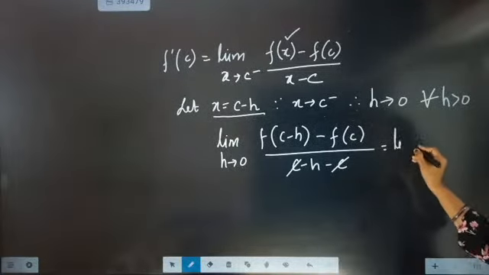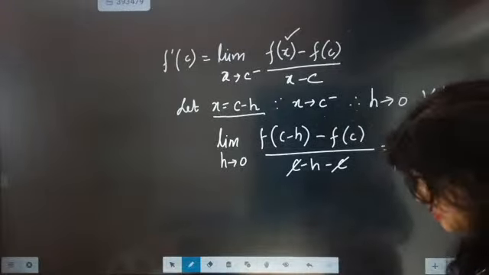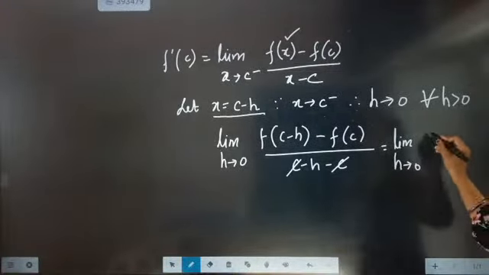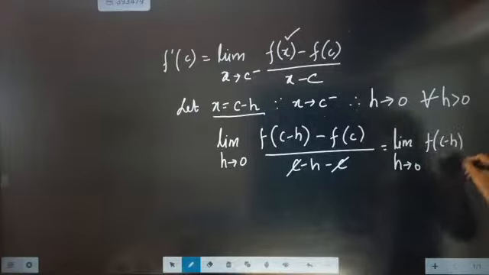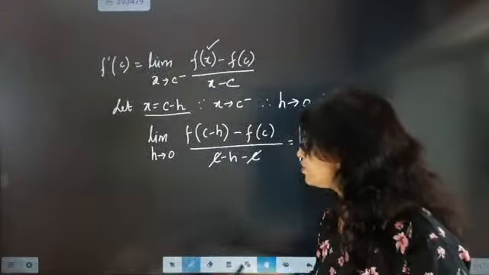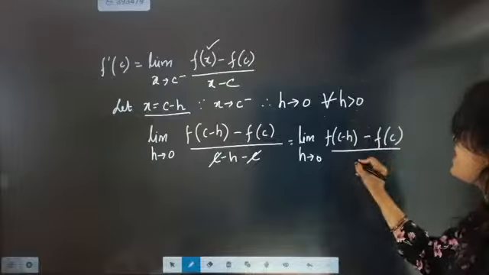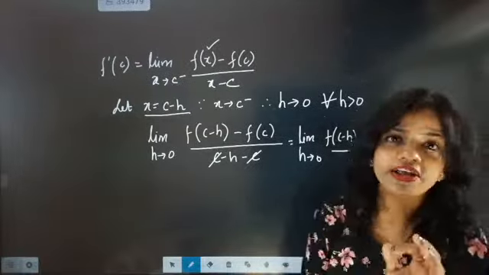So the left hand derivative formula will be limit h tends to 0, f of c minus h minus f of c by minus h. This is exactly the left hand derivative part.